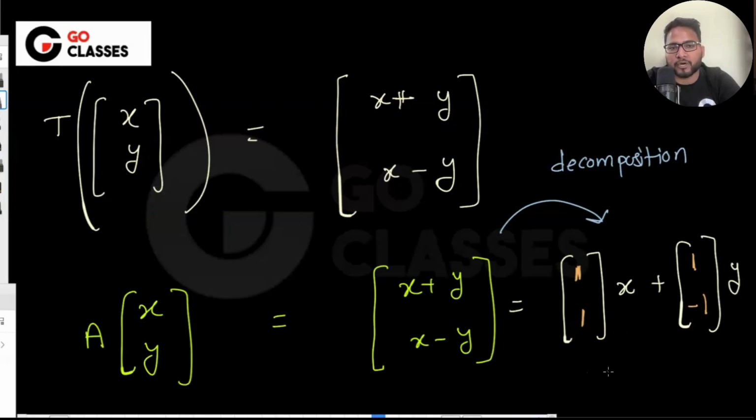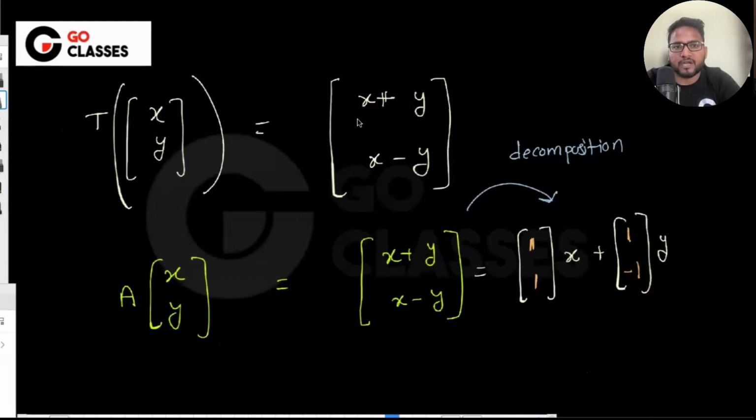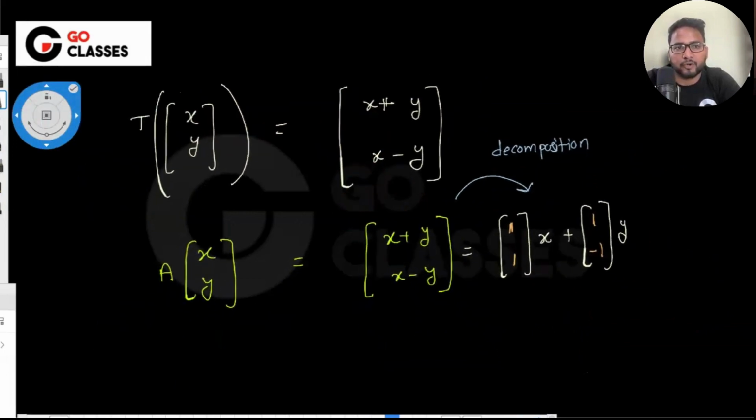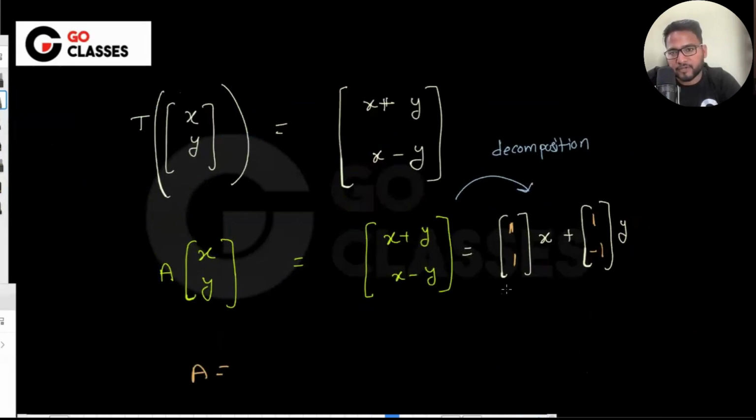Okay, I think most of you can do this, right? Now, given this decomposition, is this okay to fill this matrix A? What should be the matrix A? I think it is very easy, right? You can say this matrix A should be the same thing, right? (1, 1), (1, minus 1).